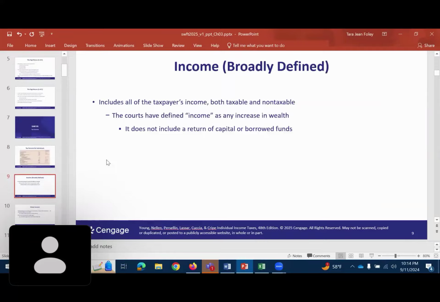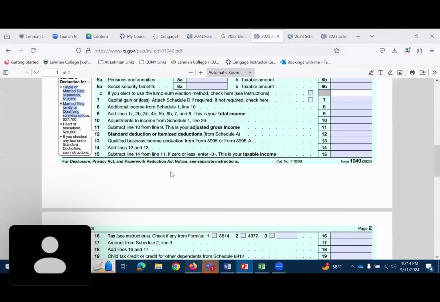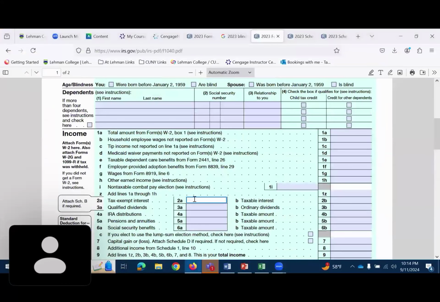So income is all income that you have earned, taxable and non-taxable. So again, on page 1, if I have municipal bond interest of $600, a qualified dividend of $200, an IRA distribution of $100, a pension of $1,000, and Social Security benefits, which can be either 0%, 15%, or 85% taxable.